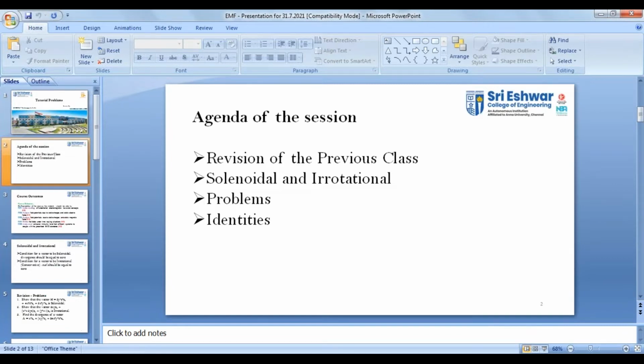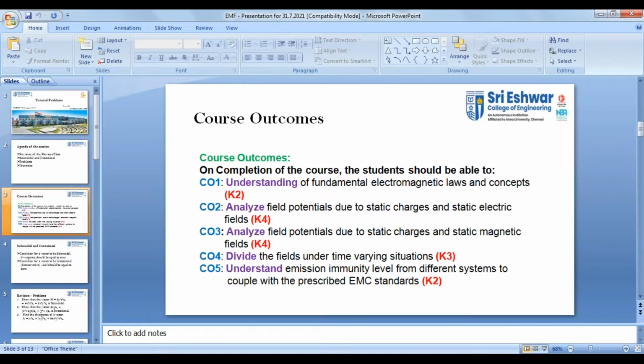As far as COs, course outcomes, are concerned, I asked you to start memorizing CO1. CO1 is for module 1 or unit 1. It is understanding of fundamental electromagnetic laws and concepts. This comes under K2 level, understand, I mean K2 level of learning.